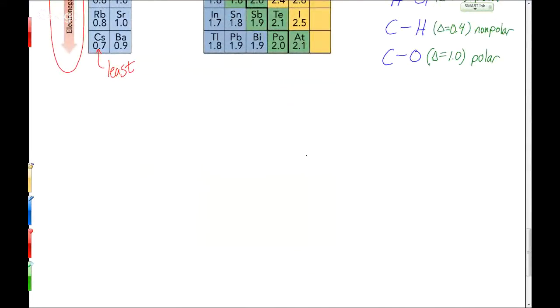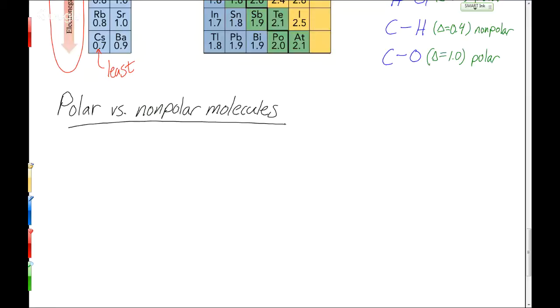We talked now about polar versus nonpolar bonds. Now let's talk about whole molecules. A molecule is a covalent compound that's made up of some atoms and that ends at a particular point.